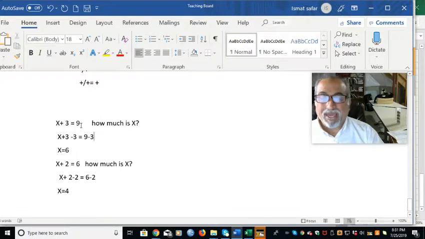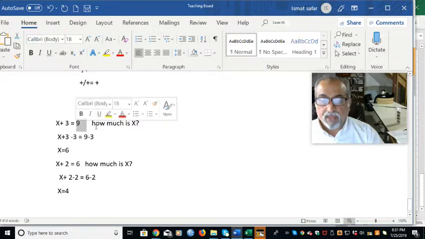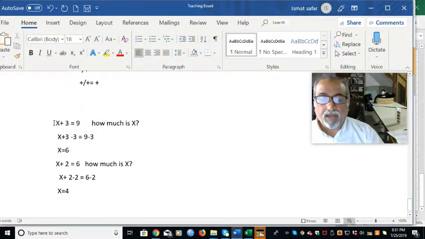You have to add or subtract the same number from both sides. So if we add a 5 over here, we have to add a 5 over here. If we add a 3 over here, we have to add a 3 over here. We have to, otherwise we mess up the equation.